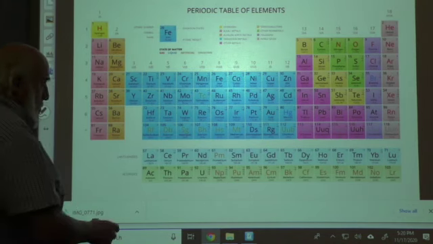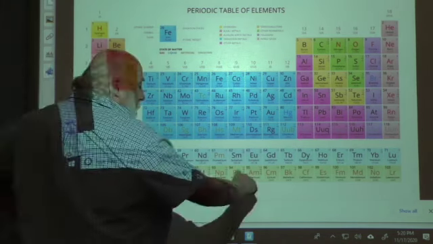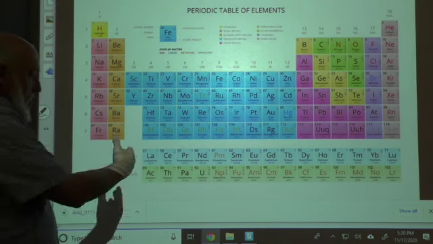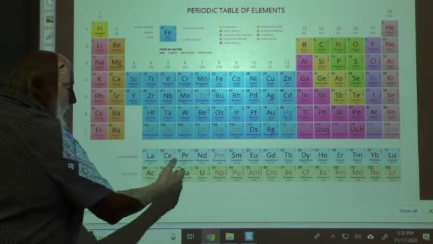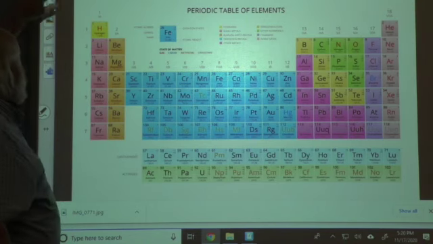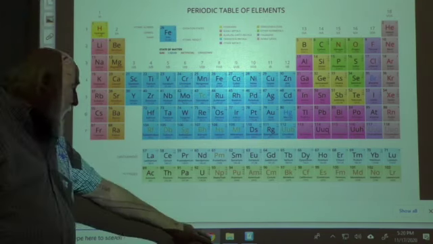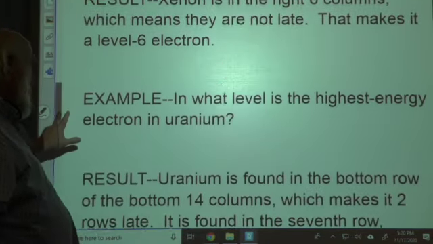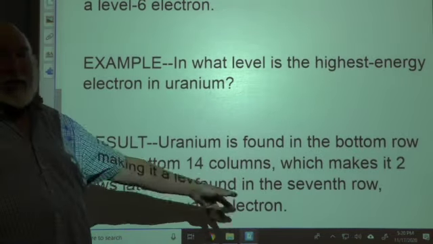Two. So we need to figure out what row this is found in. Well, this is in the 7th row. So 7 minus 2 is 5. That means the highest energy electron in uranium is a 5th level electron. Now let's see if I actually did it right. Level 5. Yay me.